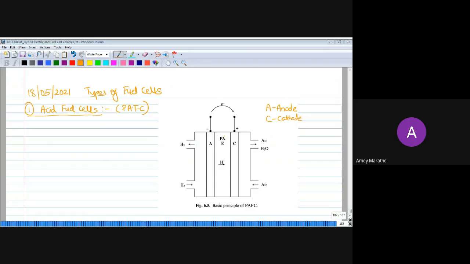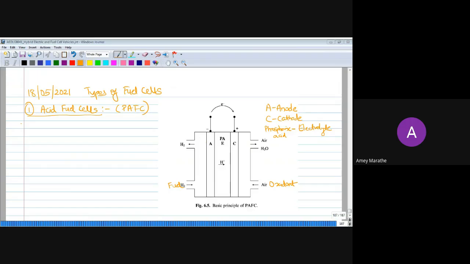The electrolyte, as I told you, will decide the type of fuel cell. Here phosphoric acid is used as the electrolyte, and there is a flow of electrons in the outer circuit. We are supplying hydrogen as a fuel to the anode and an oxidant to the cathode, and this is how the reaction takes place.